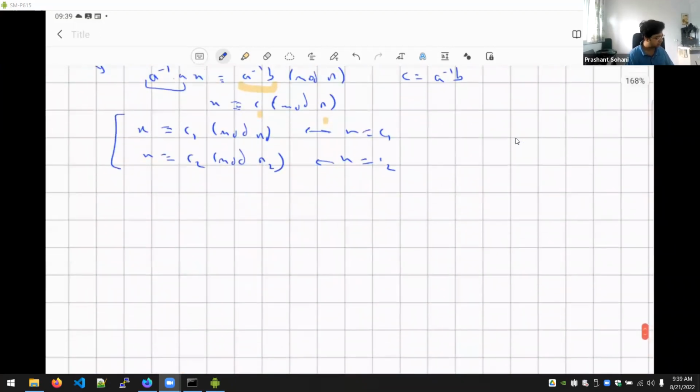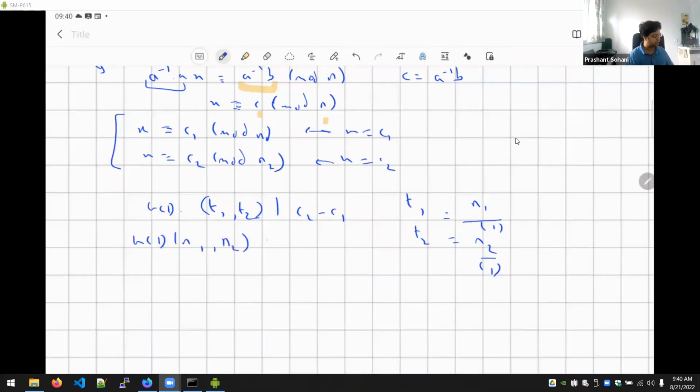If I interpret that condition here, the GCD of t1 comma t2 should divide c2 minus c1. And t1 and t2 are nothing but the numbers divided by the GCD, so it will be simply n1 and n2 now because the GCD is 1. So in other words, if the GCD of n1 and n2, the GCD of the two moduli, divides c2 minus c1, then this system will have a solution.